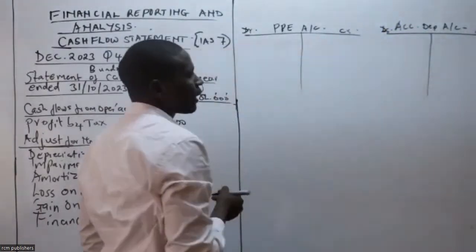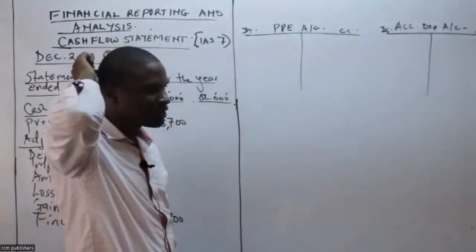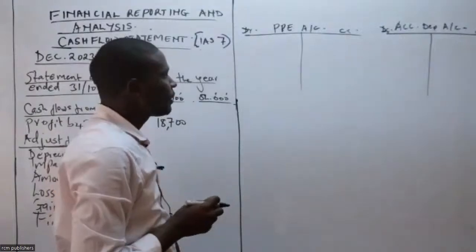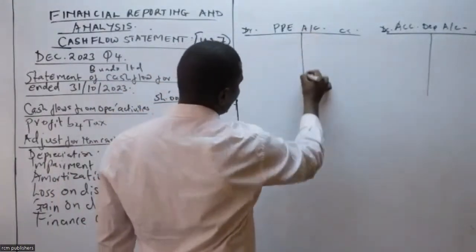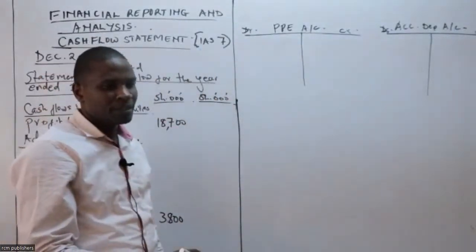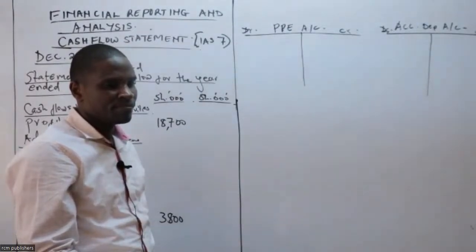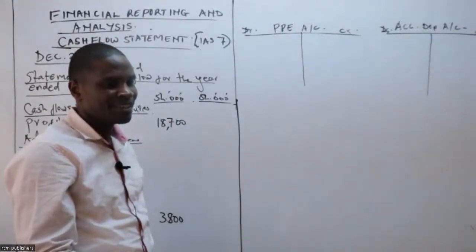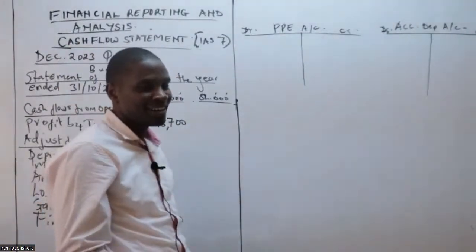Somebody to tell me, my PPE account, does it have a debit balance or a credit balance? Very fast. This is an asset. It has a debit balance.